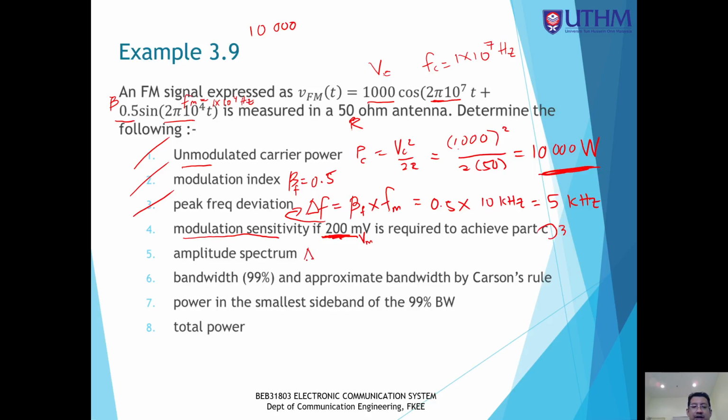Because delta F is actually equal to KF VM. So now, VM is given in the question, and you need to find KF.